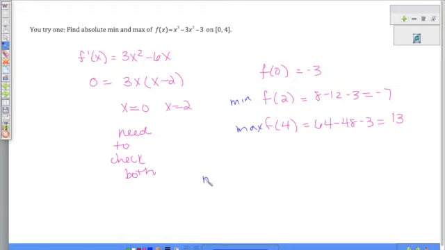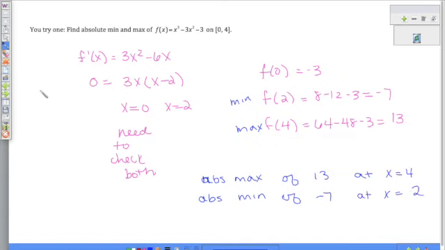So I have an absolute max of 13 at x equals 4, and I have an absolute min of negative 7 at x equals 2. All right, hopefully you guys agree with me on that one.